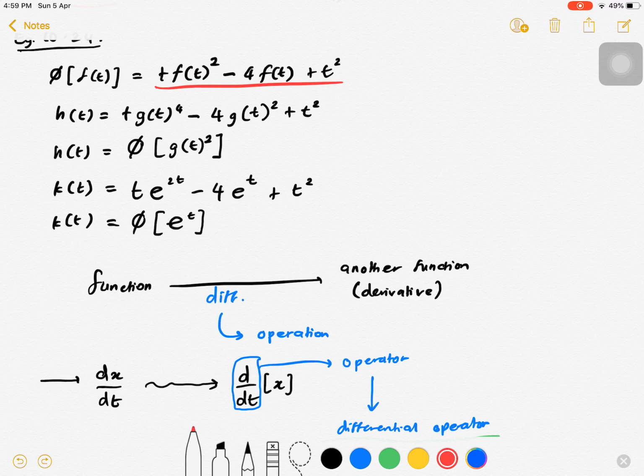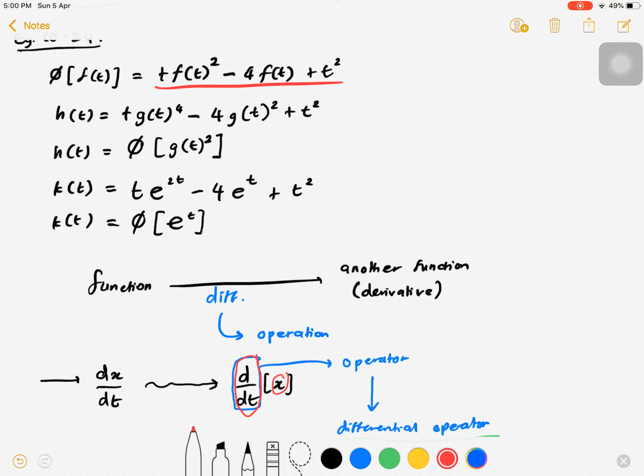So we can call differentiation an operation. And we can call this differential an operator. Right, because this differential changes the function within it into another function.